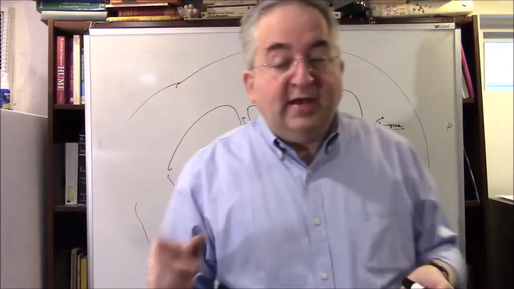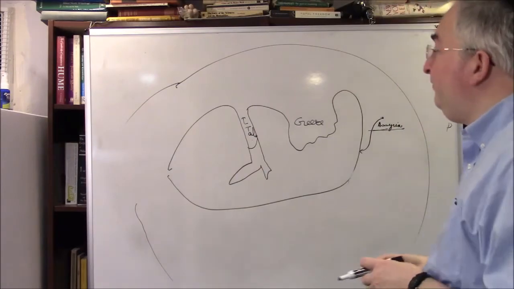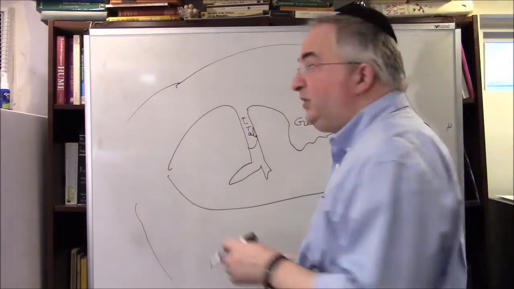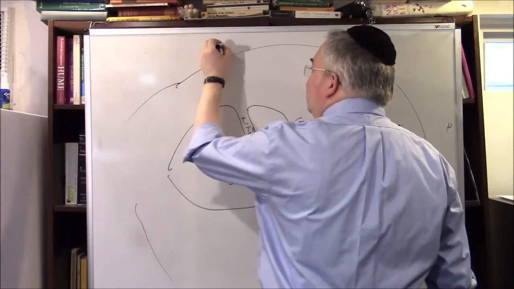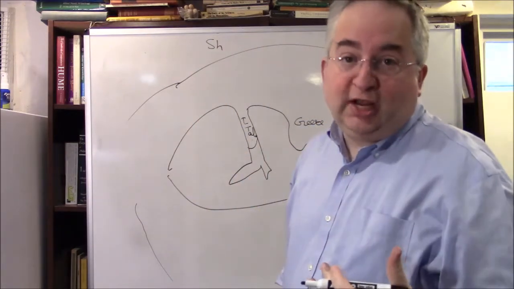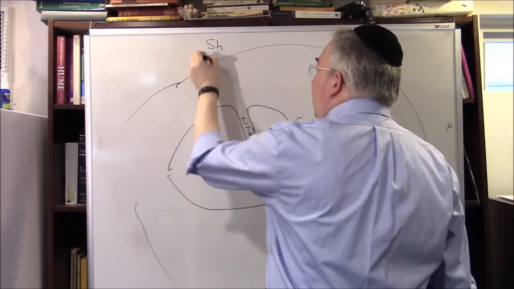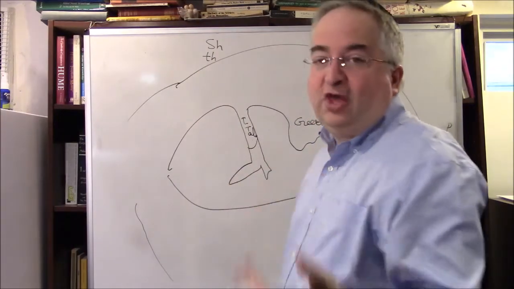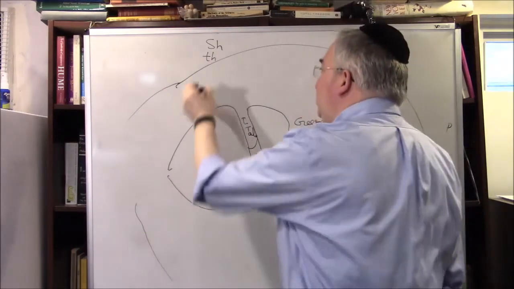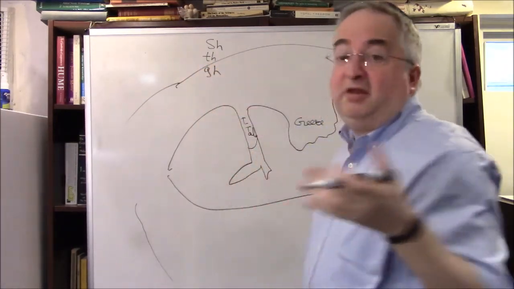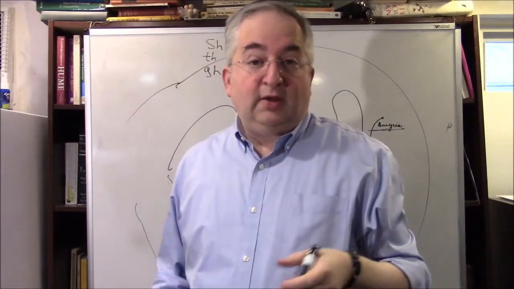By the way, not all sounds have one symbol. For example, in English, SH makes the sh sound, and TH makes the th sound, and GH could make the F sound. Okay?